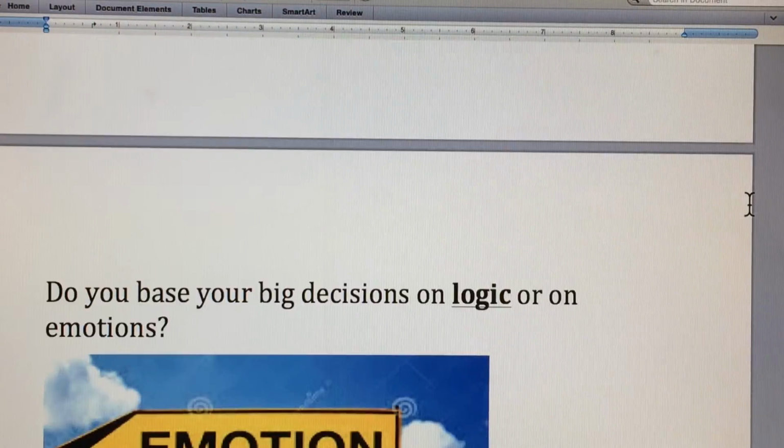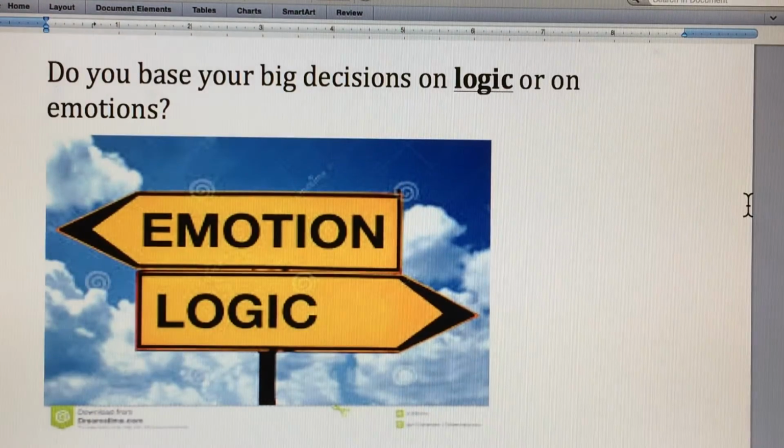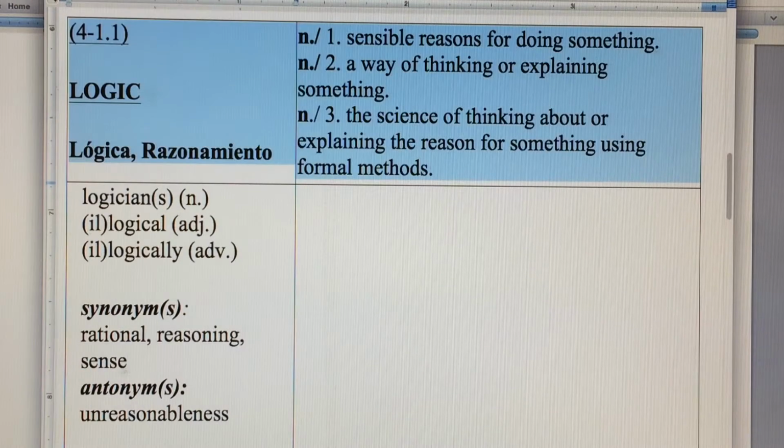So in this last example, you can just say, do you base your big decisions on logic or on emotions? In other words, do you use your thinking? Do you try to use your reasons and your thinking ability to make big decisions, or do you make decisions from the gut, from your instincts, from your feelings? So those are your 3 definitions for logic.